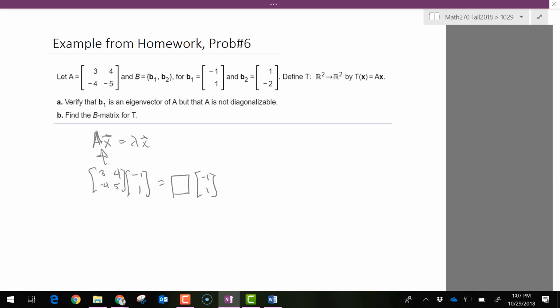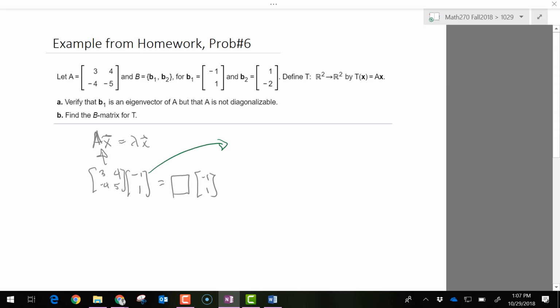Let's figure out the matrix multiplication. 3 times -1 is -3, plus 4 is +1. -4 times -1 is +4, and then 5 times 1 is 5, so +4 plus -5 is -1. So it turns out that this is an eigenvector for the eigenvalue lambda equal to -1.